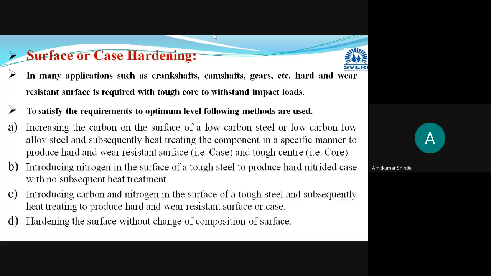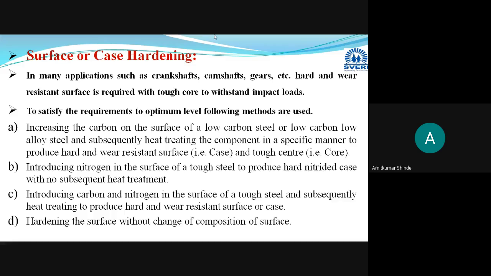Now, to achieve these properties, you could go for low carbon steel. Low carbon steel will provide the required toughness, but it is almost impossible to get the required hardness with it, as it is a non-hardenable steel.